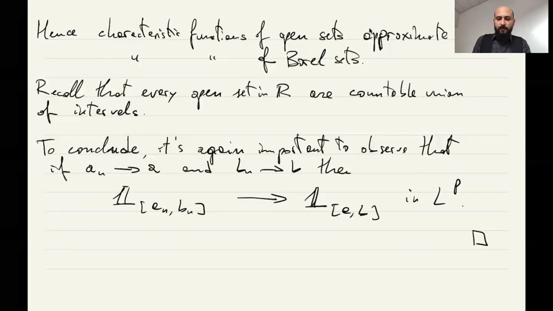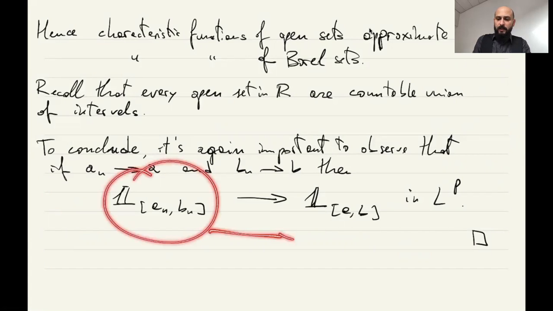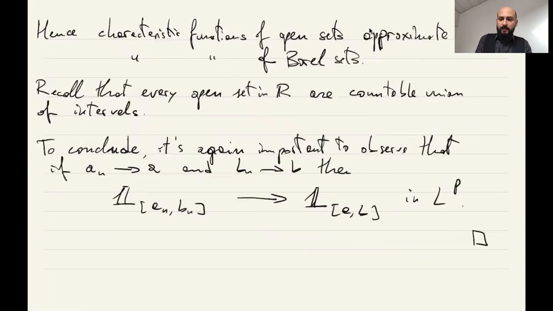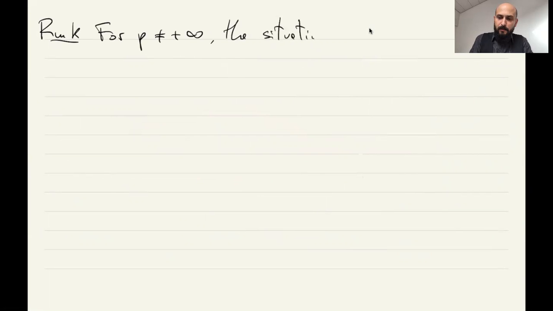And now let's talk about the case P equal to infinity. When P is equal to infinity, this proof doesn't work because we don't really have this convergence. Likewise, we don't have this convergence here in general. Let's make this a remark. Let's give a precise example. For P equal to plus infinity, the situation is different.